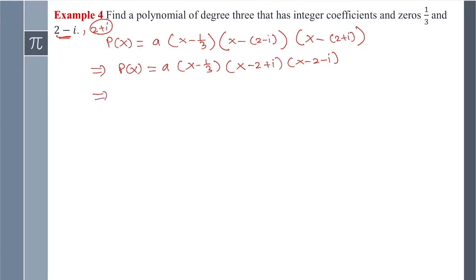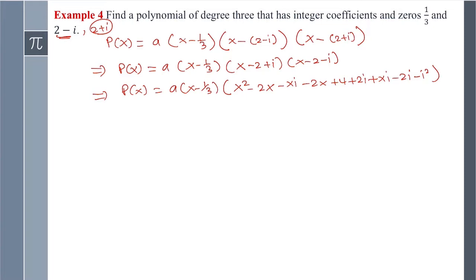So p of x equals a times x minus 1/3. Now, when we multiply this, x times x is x squared, minus 2x minus xi minus 2x plus 4 plus 2i plus xi minus 2i minus i squared.